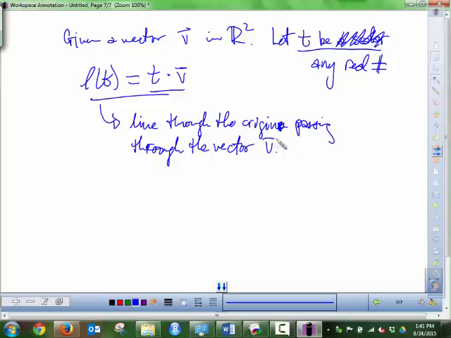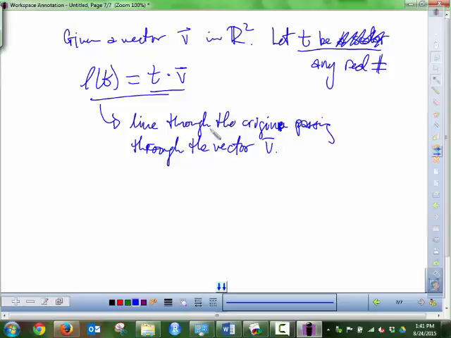Okay? So any of those scalar multiples would work for this. Does that make sense? All right, so this is one way to get a line out of vectors.